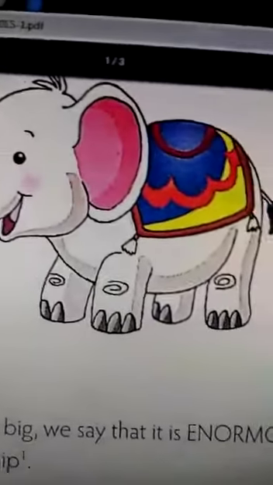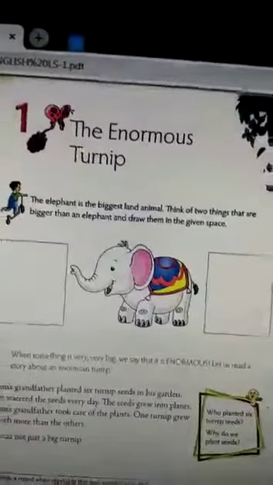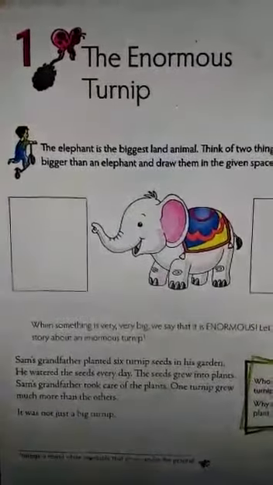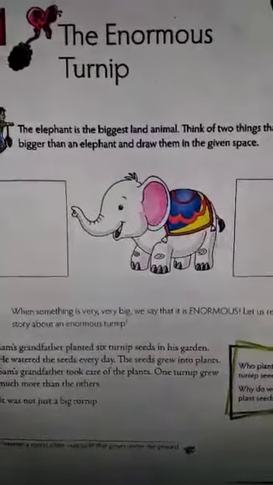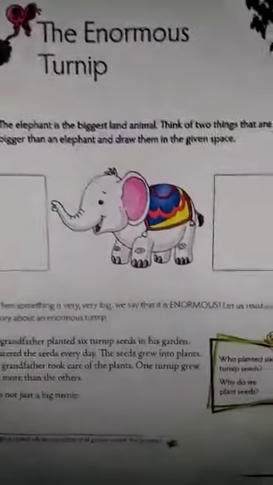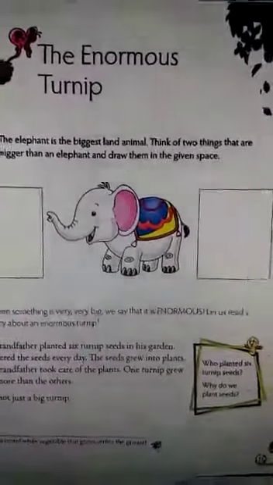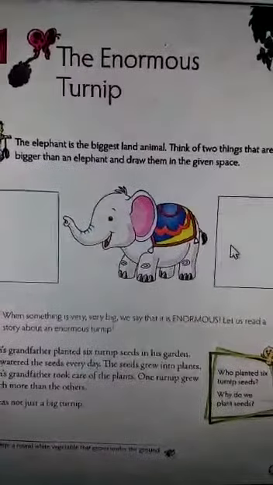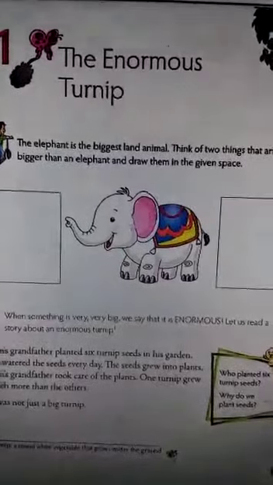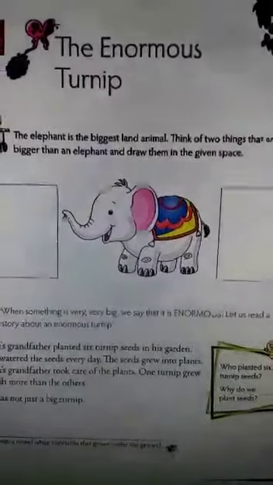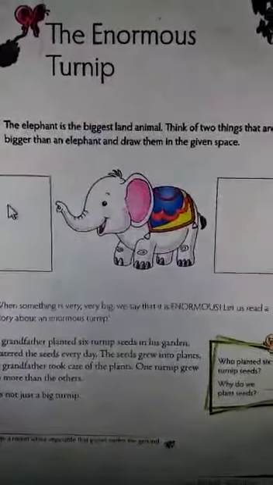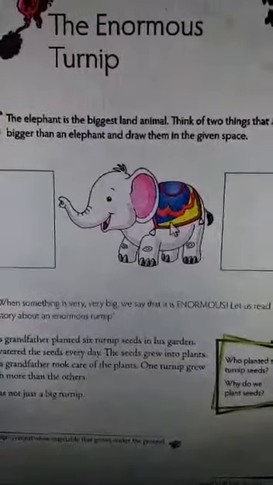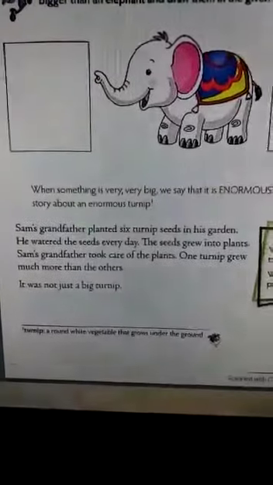You should think of any two things that are bigger than an elephant, and you should draw them in these boxes. Now you don't have your textbook with you, so you can do it in your English notebook. Now moving on to the lesson reading.